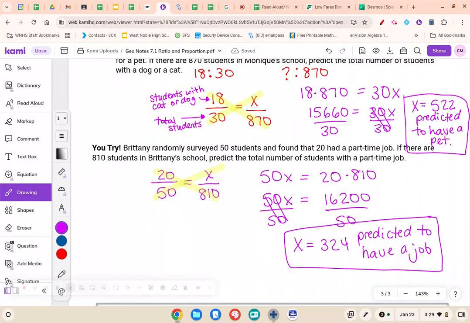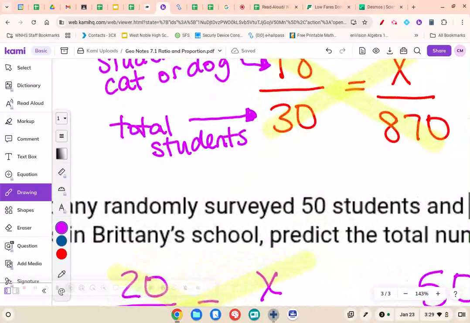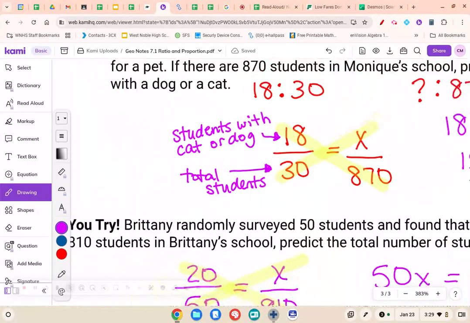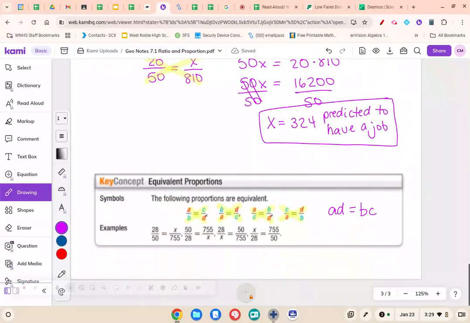That means there are also other ways that you could set this up that are incorrect. So make sure, like I told you here, match up things however makes sense to you as long as they are matched up well, and you should be good to go. Sometimes it's a little trickier when you have a little bit more free range. There should be 4 correct ways to set up every single proportion you do.